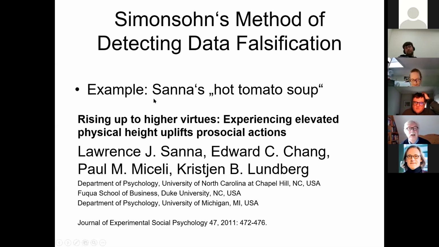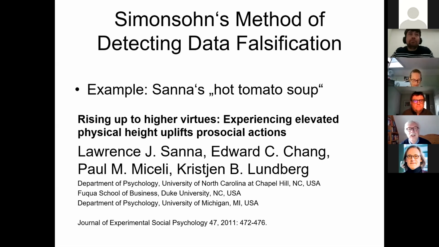Lawrence Sanna published a paper in a reputed journal on his hypothesis, rising up to higher virtues: experiencing elevated physical height uplifts pro-social actions. So if you are in a physically higher position, you are more pro-social. That's his hypothesis. It's a surprising hypothesis.